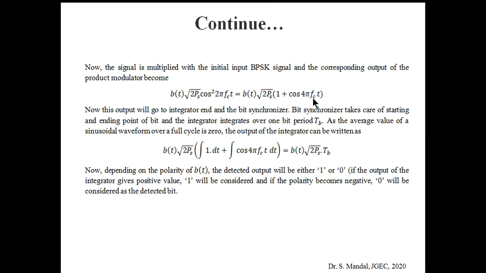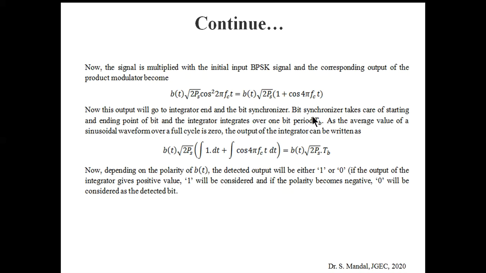Now what will it do? The integrator will integrate the signal over a particular time period of tb. So if we integrate the output of the multiplier, we get bt into root 2 ps, integration of 1 dt plus integration of cos 4 pi fct dt.